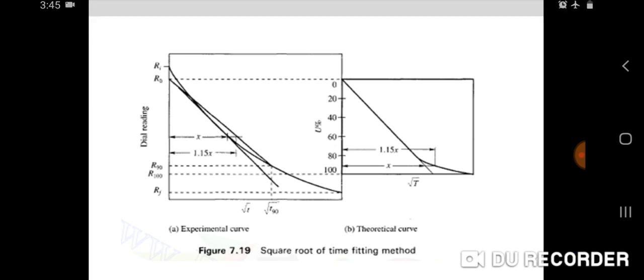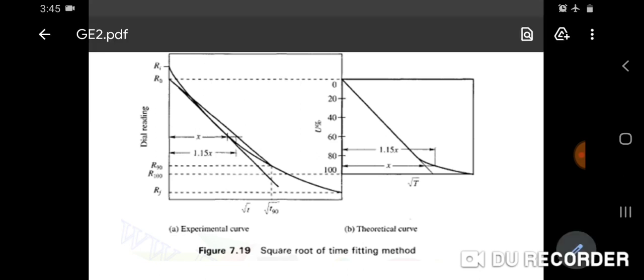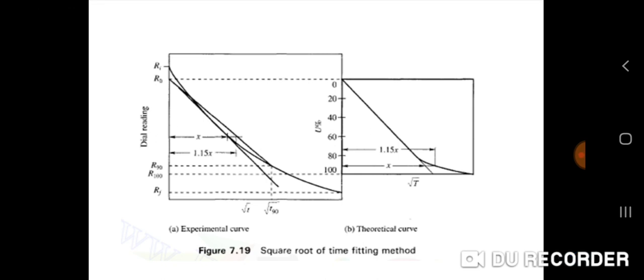On the top, the initial value is Ri. Once all the corrections are applied, we consider that value as Ro, which is the corrected zero reading. From Ro the curve is similar to a straight line.